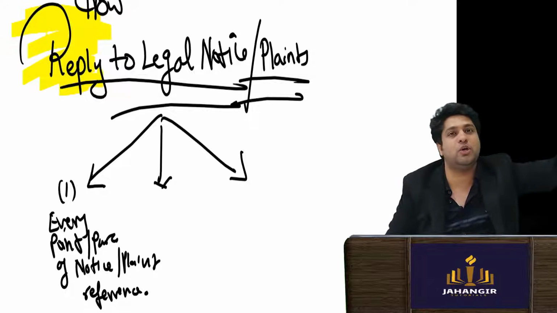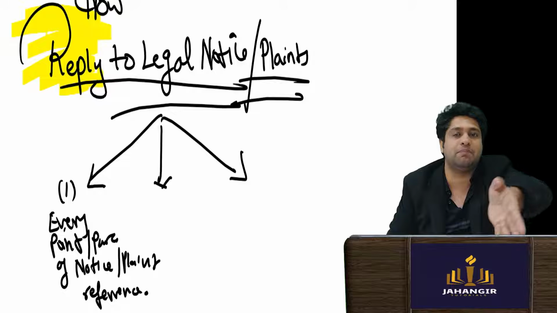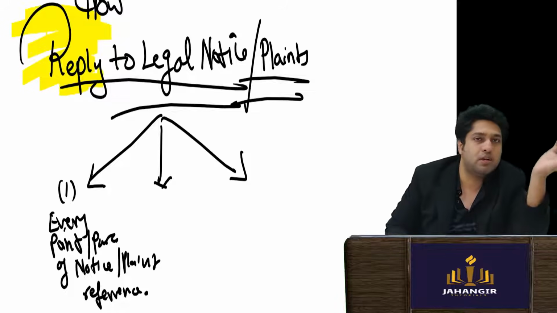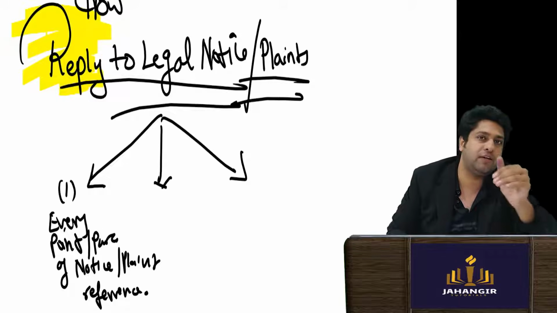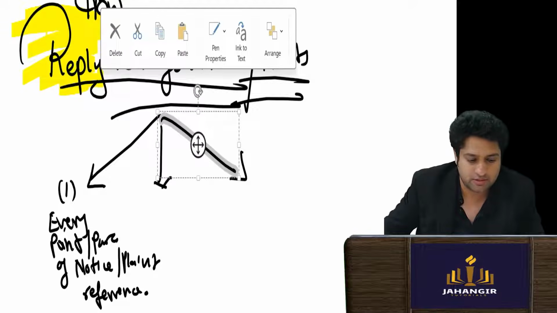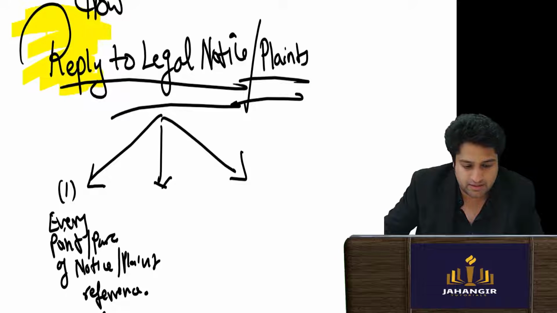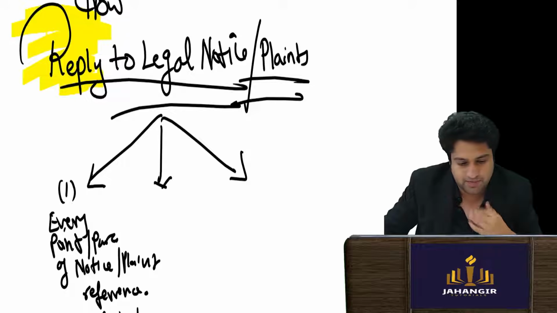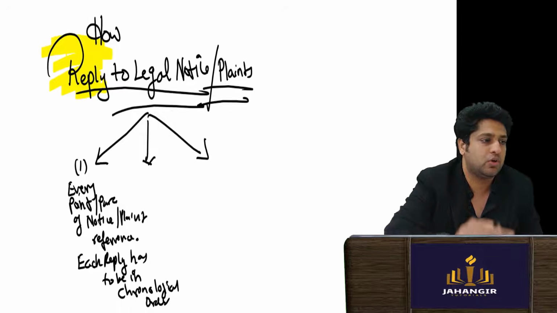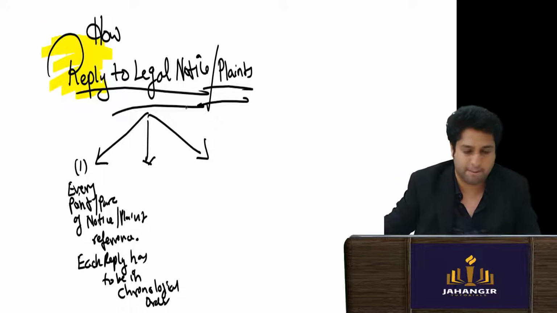So referring to your plaint para 1.1, referring to your legal notice point 2, referring to point number 3. So each one has to be replied, and each reply has to be in chronological order. Concept clear? Yes or no? Chronological order you need to reply.